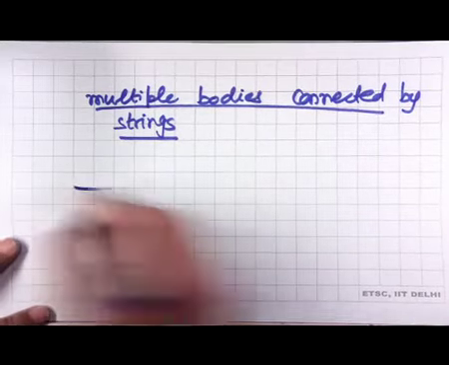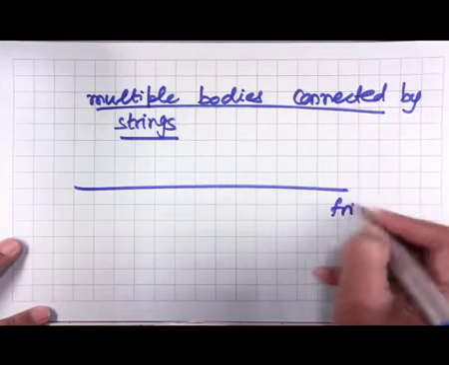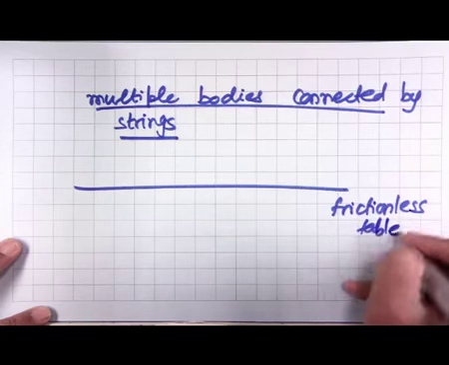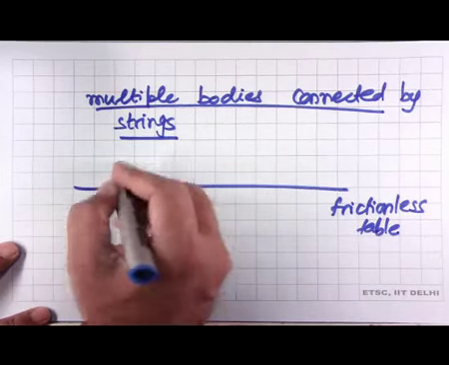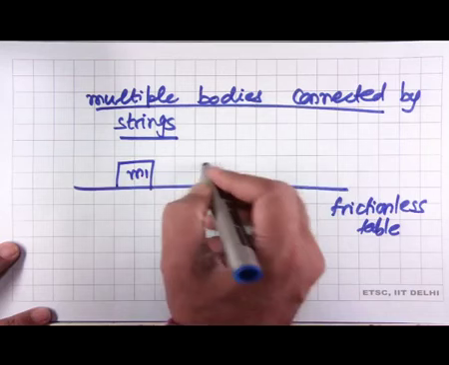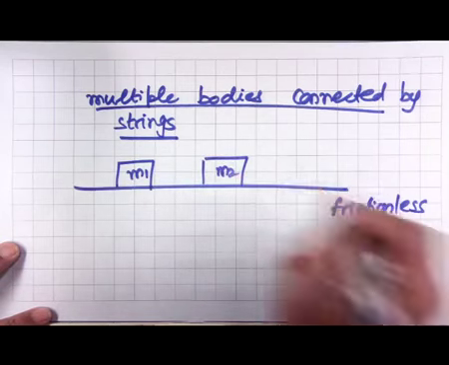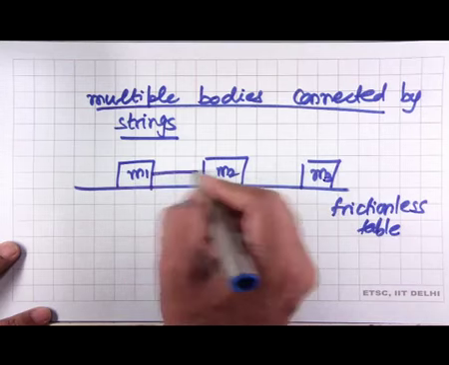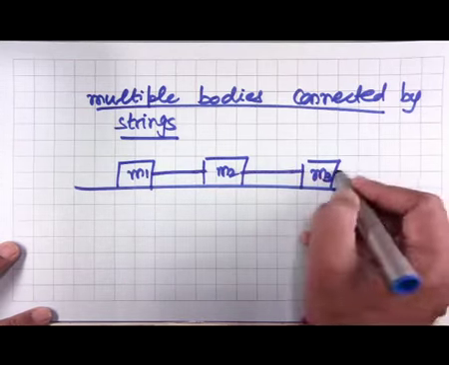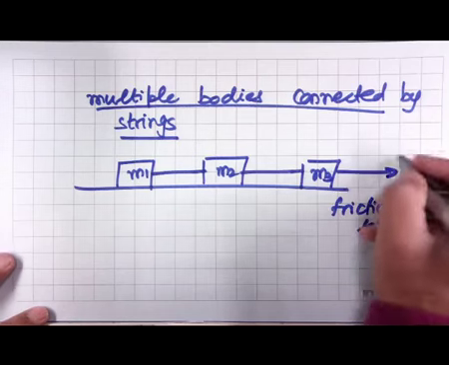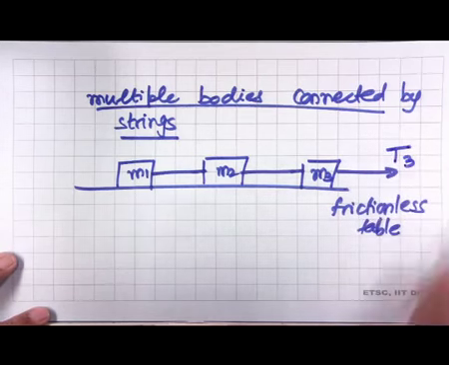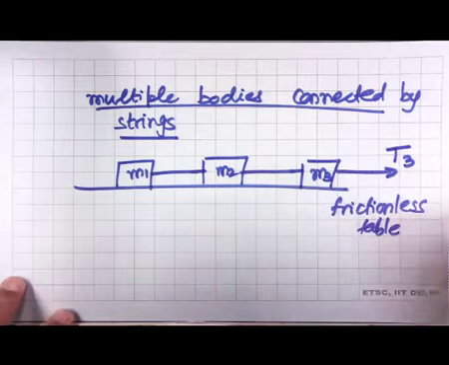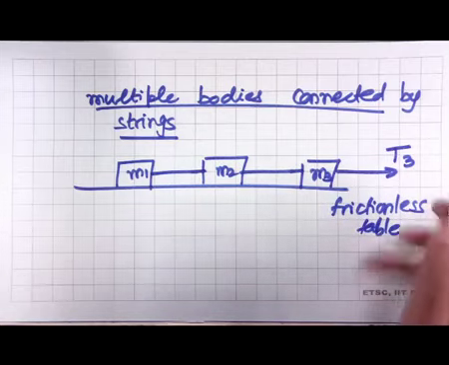We have a frictionless table on which we have a mass m1, a mass m2, and a mass m3. These are connected by strings, and at mass m3 the string is being pulled by a force of T3.